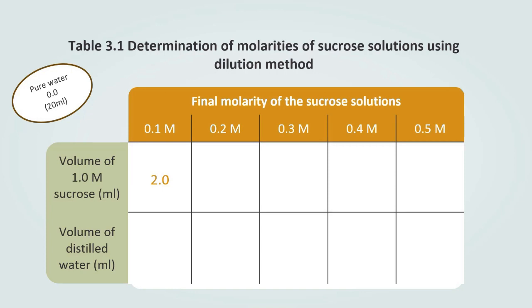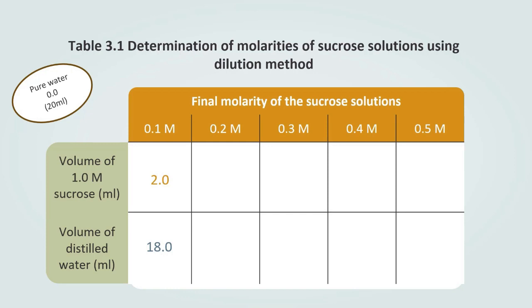Remember, 20 milliliter is the final volume of our solution. So 20 milliliter minus 2 milliliter, the volume of distilled water needed to produce 0.1 molarity of the sucrose solution is 18 milliliter.